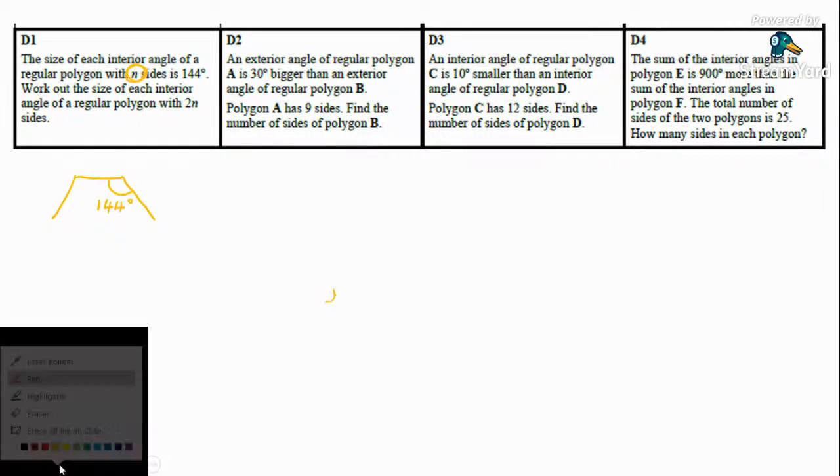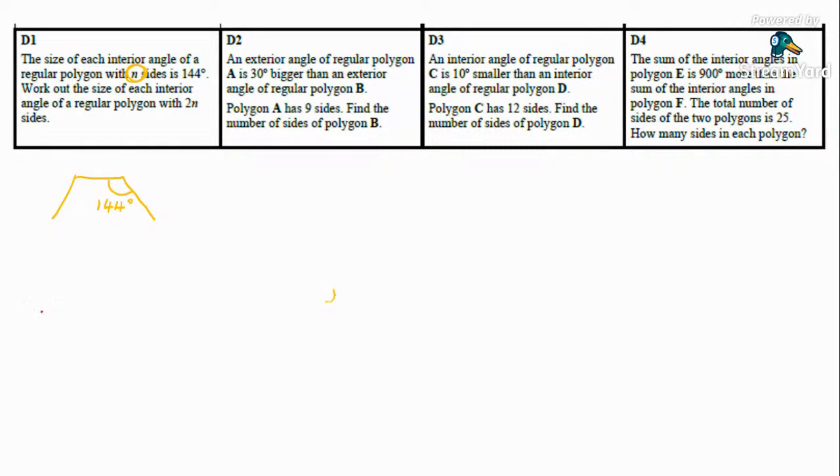In order for us to find the number of n, because this is a regular polygon, we can use E equals 360 over n. Or, because you have interior angles here, we can also use the formula for interior angles, but I'm giving you an easier way.